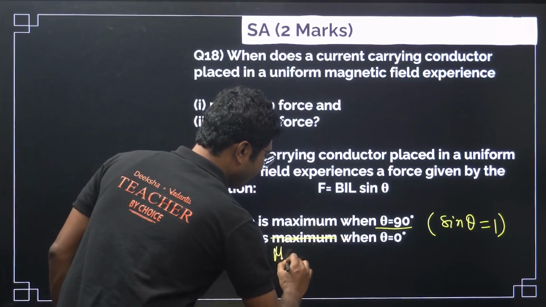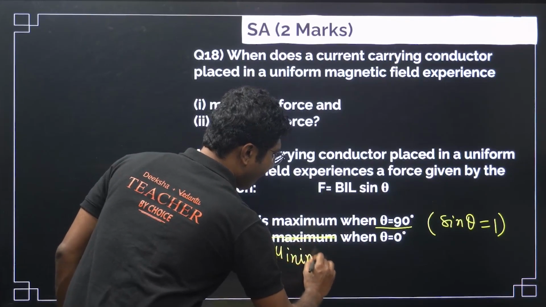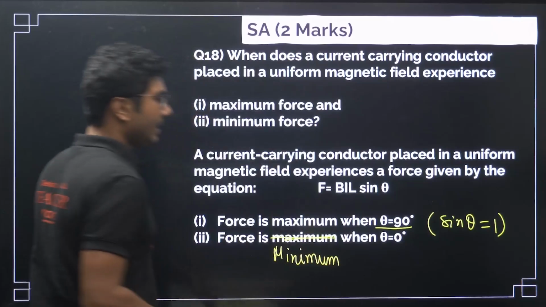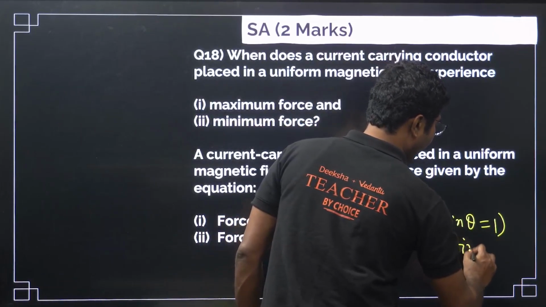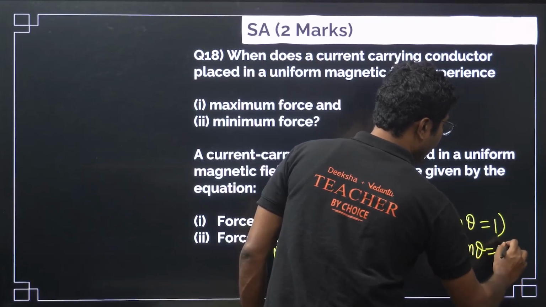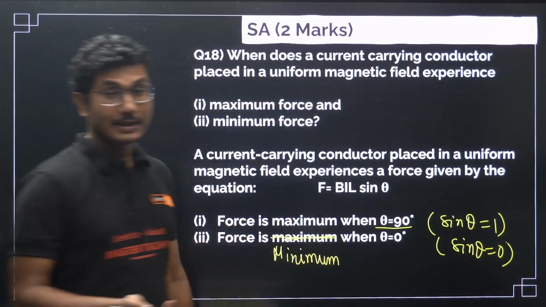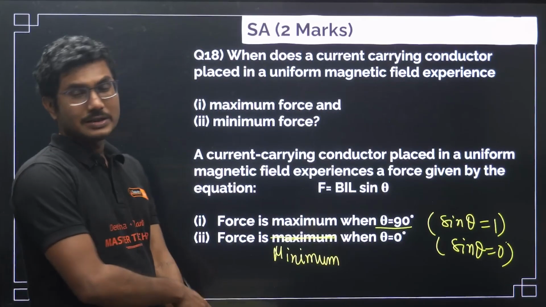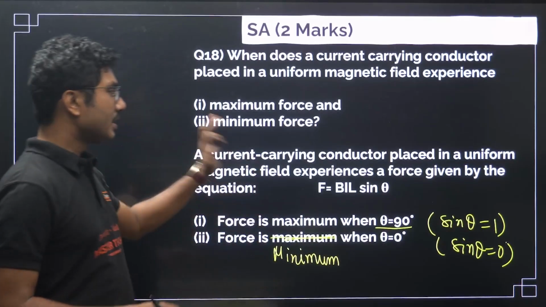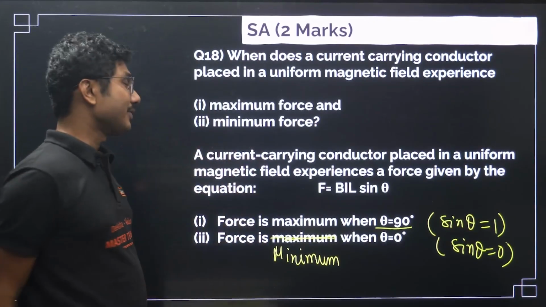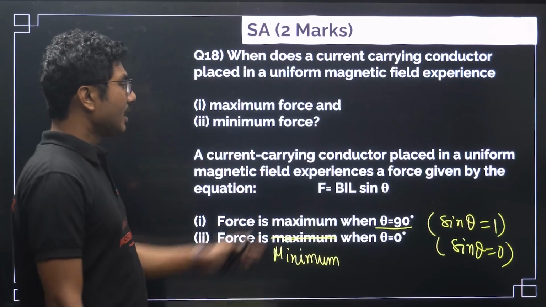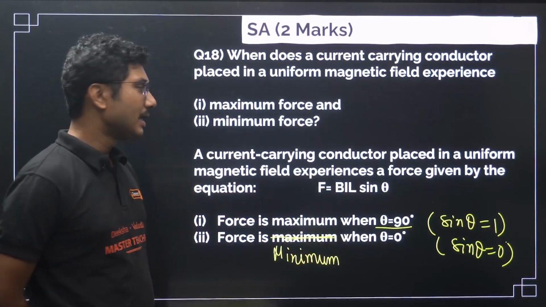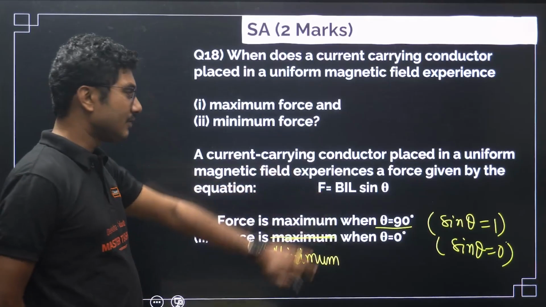Force is minimum when theta is 0 degrees, that is sin theta is 0. So that is how you can answer this question, a very easily answerable question. F is equal to BIL sin theta, you have to mention this formula and then write down these two conditions.